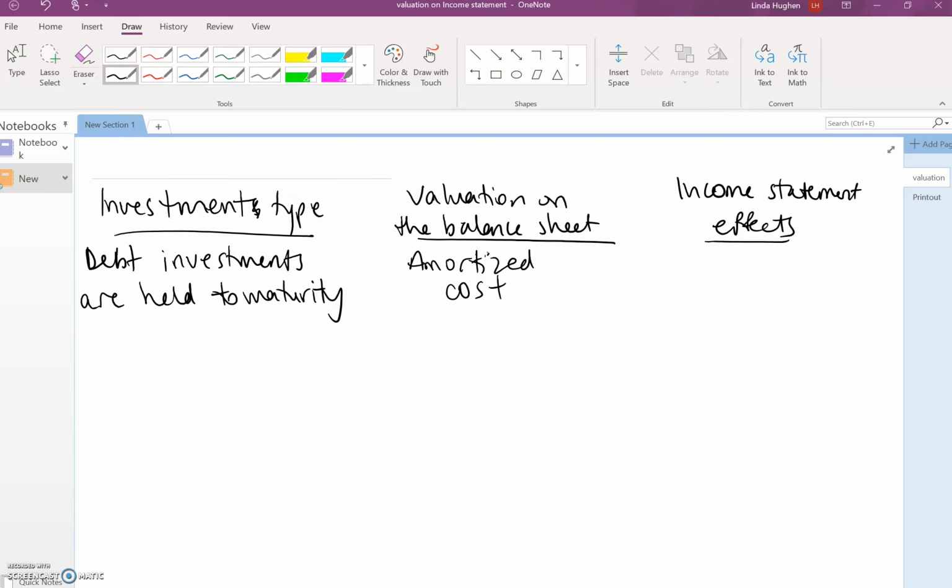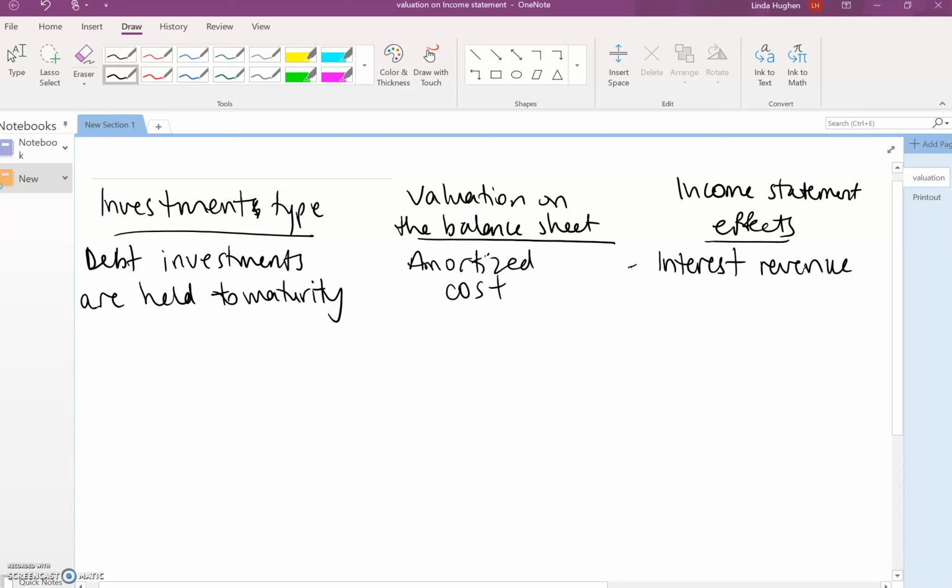So if debt investments held to maturity are reported at amortized cost, in other words, the balance sheet completely ignores fair values, then how do these investments affect the income statement? Well, all bond investments or all debt investments are going to generate interest revenue. What else could potentially affect the income statement?